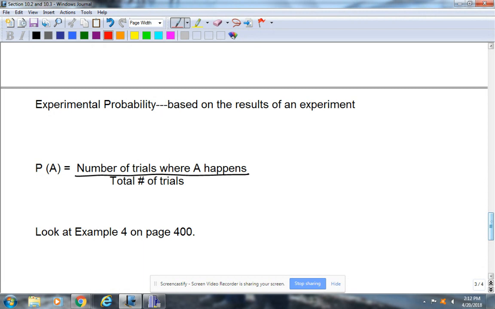So it said to look at page 400. And I need you to look at page 400 because I'm not drawing that picture. Go ahead and get your book out because you're going to need it for homework anyway. So we're just going to go over it out loud together.